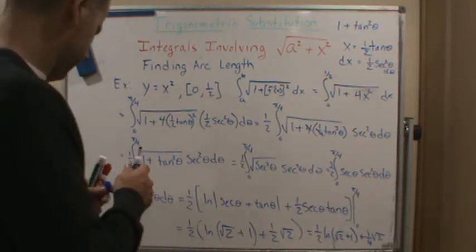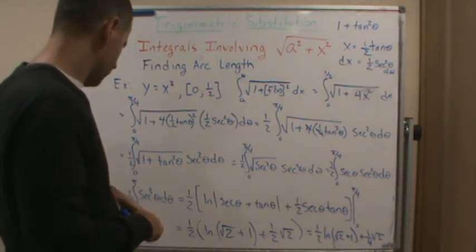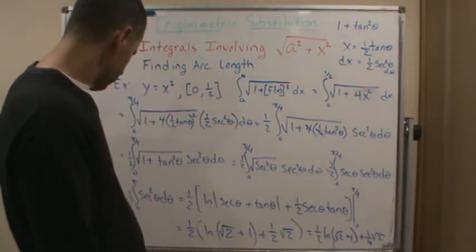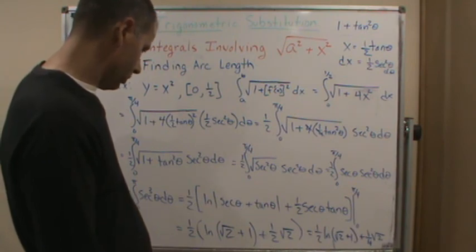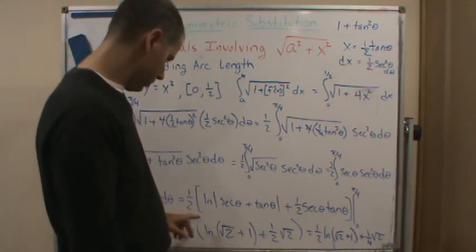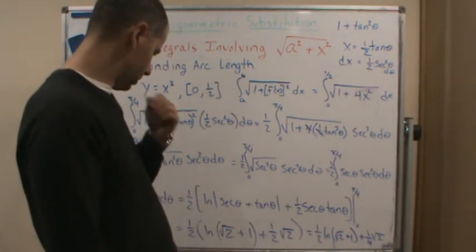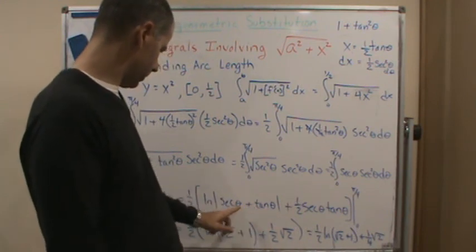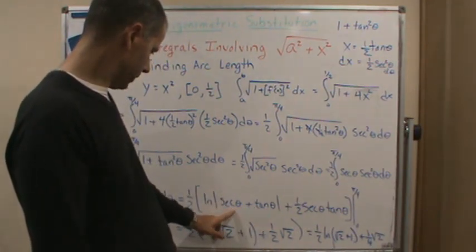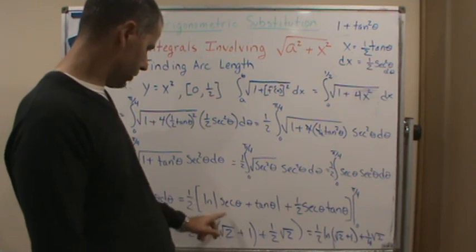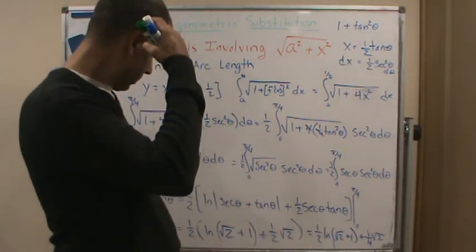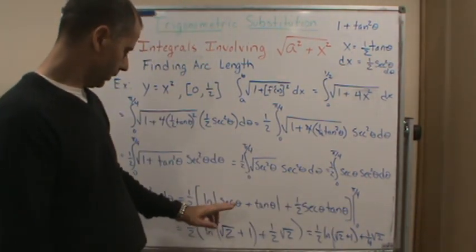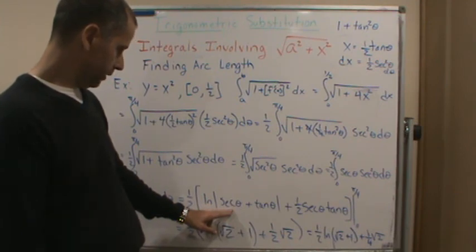And I think that's right. Let me just make sure. Okay, so this is 0, this is 0, this is 1, which is a natural log, so it's 0. And then at pi over 4, we get 1 over cosine.